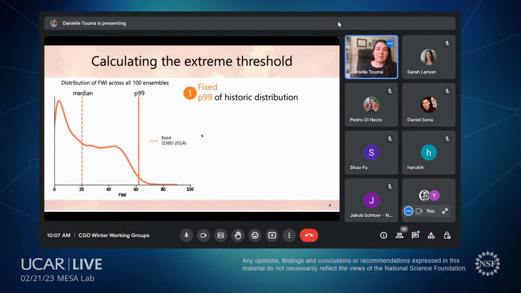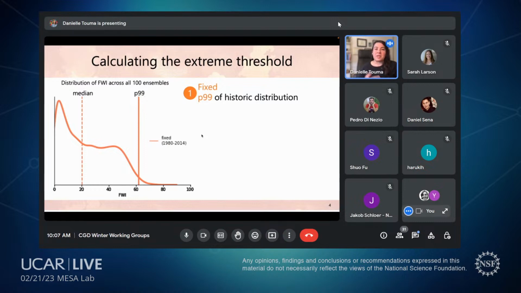So one thing that we've been experimenting with is figuring out how to calculate an extreme threshold based on this fire weather index. So traditionally, or in recent studies, people use a fixed threshold. This is based on the historic distribution, in our case 1980 to 2014, and we use a percentile value.